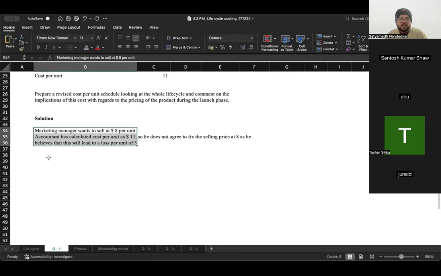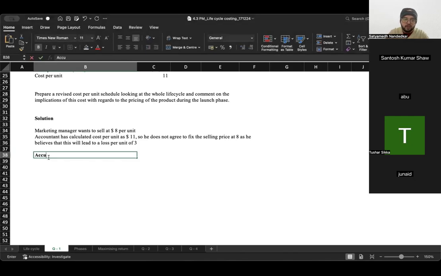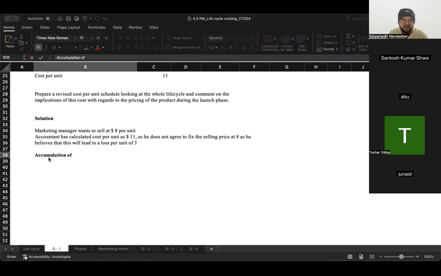The marketing manager wants to sell at 8 per unit, and the accountant has calculated cost per unit as 11. So he does not agree to fix the selling price at 8. He thinks that this will lead to a loss of 3 per unit. Now, what you should do is accumulate the overall costs incurred over the entire life cycle.